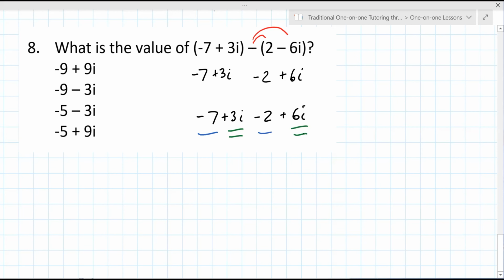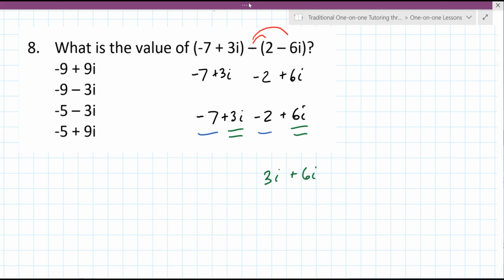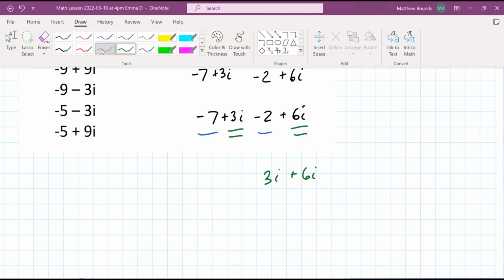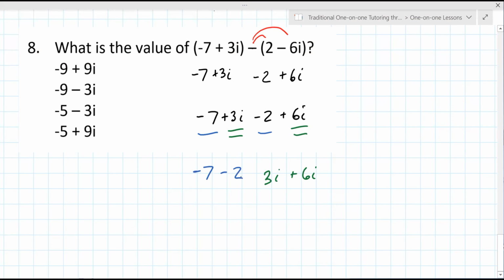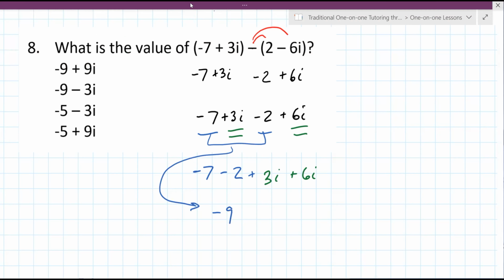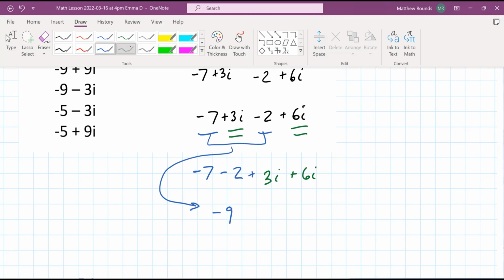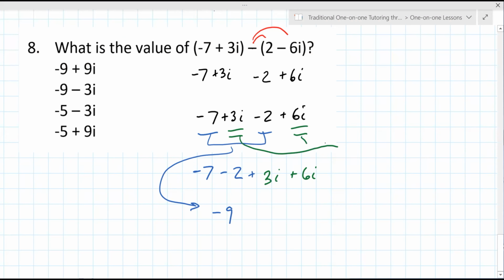You can, like if you want to write 3i plus 6i and you want to write -7 minus 2, you can totally do that. Or you can just be like, hey, I know what -7 minus 2 is. It is -9. And I know what 3i plus 6i is, well, I know that's 9i.